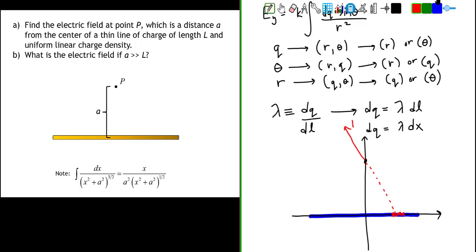Here is our infinitesimally small electric field vector. And that point A is a distance r from our representative charge element. That radial line, from our representative charge element to point A, is at an angle theta. And our representative charge element is a distance x from the y-axis.